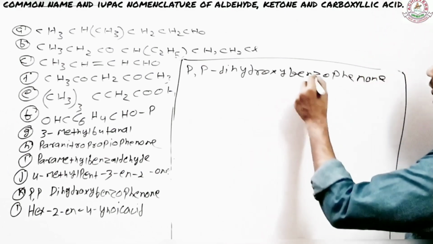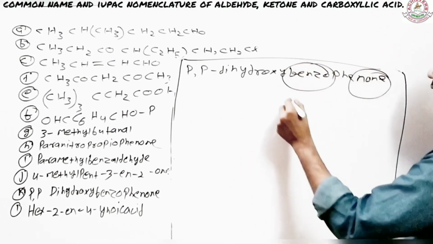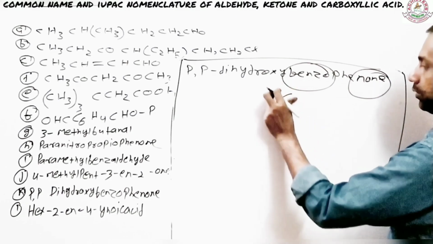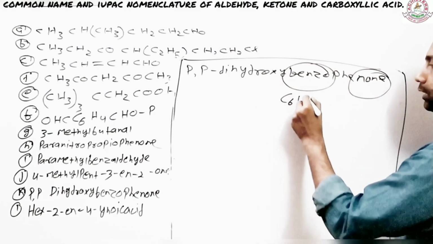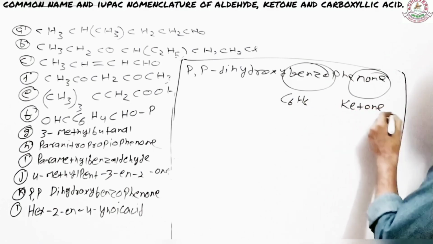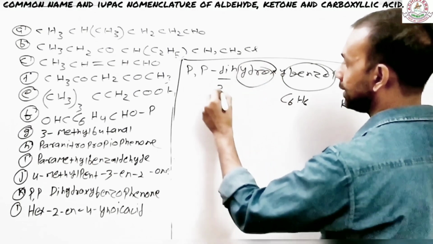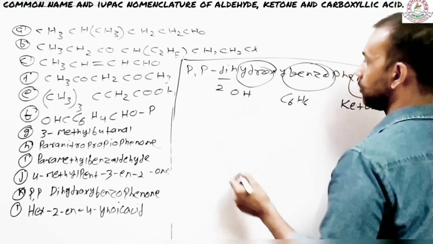The first thing is that there is a benzene, there is a ketone, there is another benzene, and there are two hydroxy, because this is di, so there are 2 OH, right?